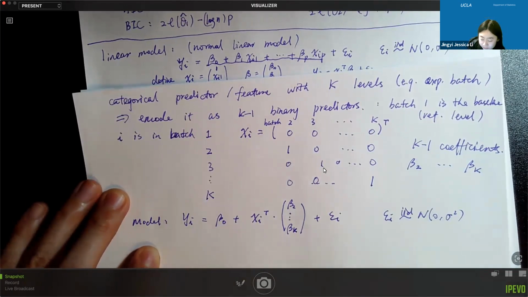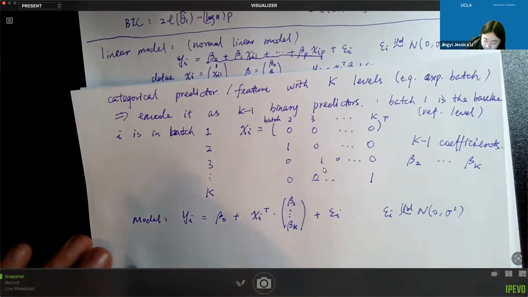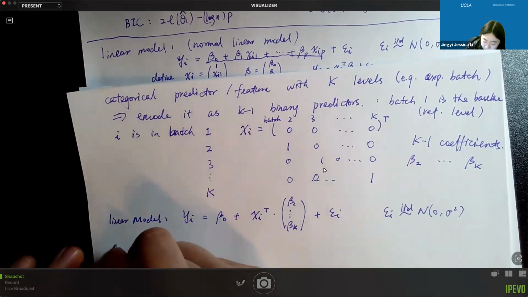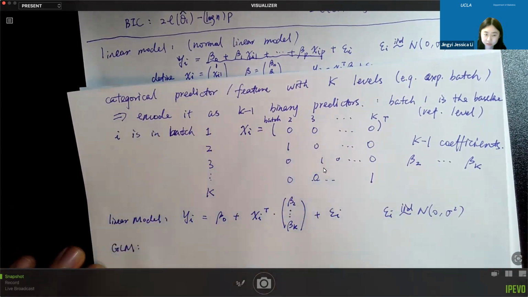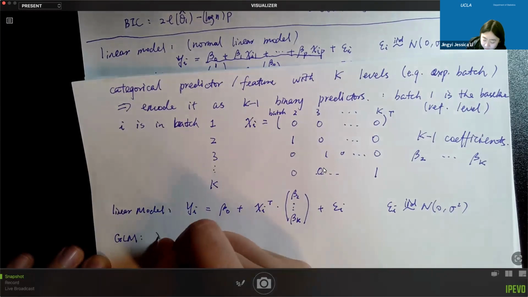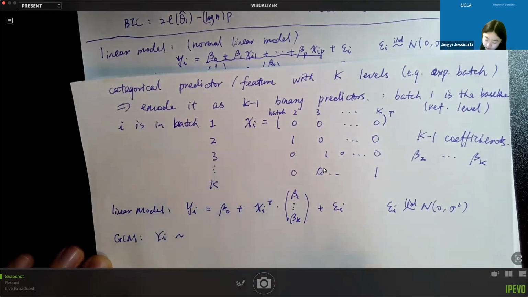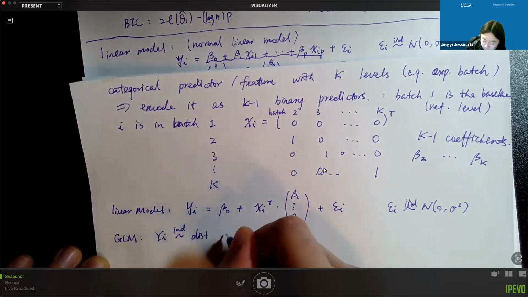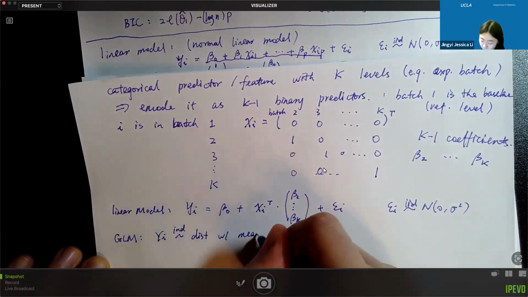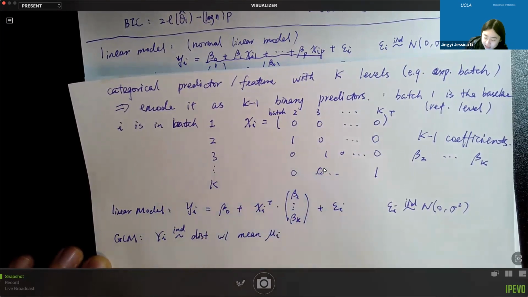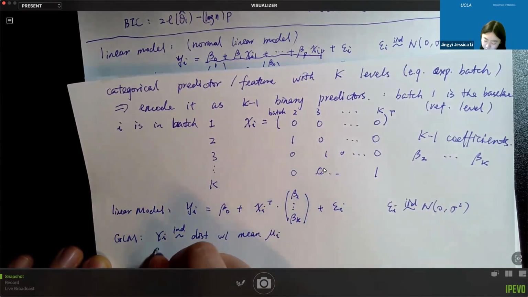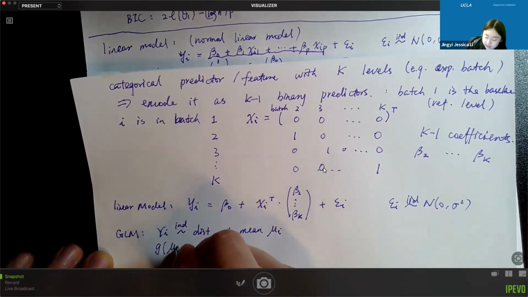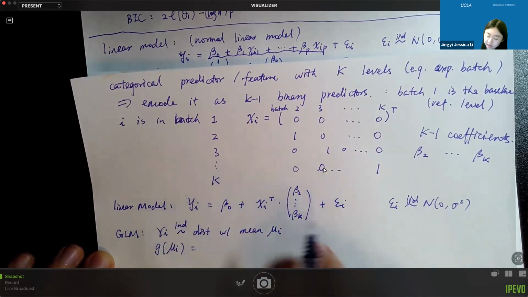And if it's a GLM in general, then I would assume that the y_i are independently following some distribution with their own mean mu_i. Then I will have some transformation I call the link function g applied to mu_i, and this is assumed to be the linear part.